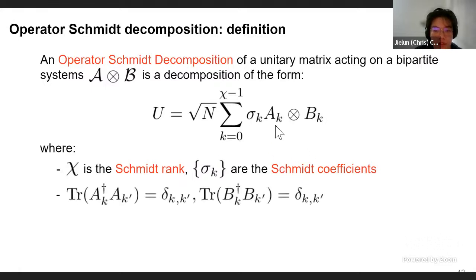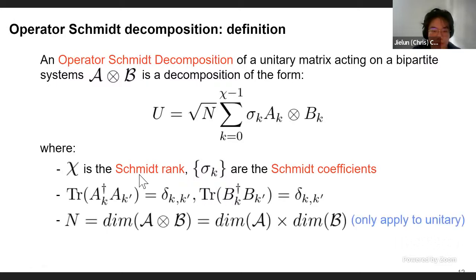The operators A and B acting on the two subsystems satisfy an orthogonal property in the space of operators. And this big N is essentially the Frobenius norm. Sorry, square root of N is the Frobenius norm of the unitary matrix, and because it's a unitary, it's essentially the product of the dimensions of the two subsystems.